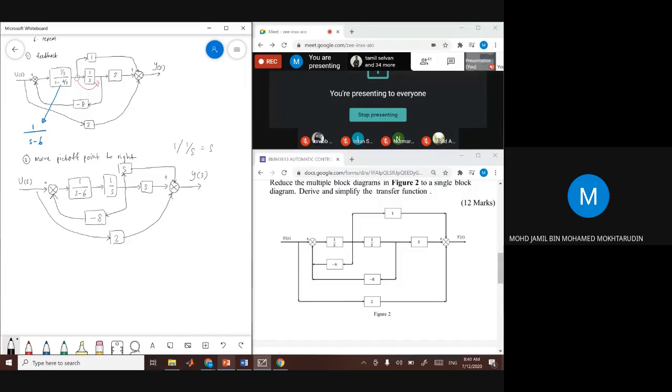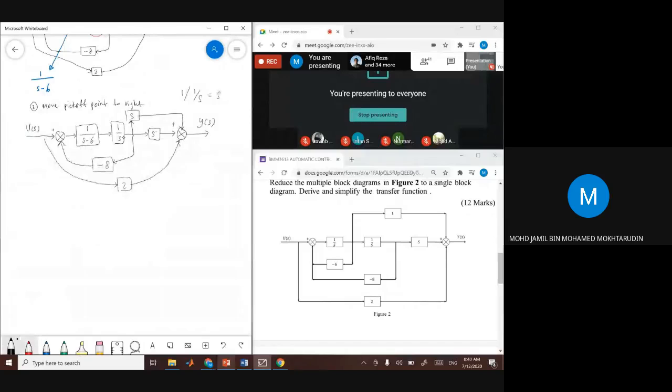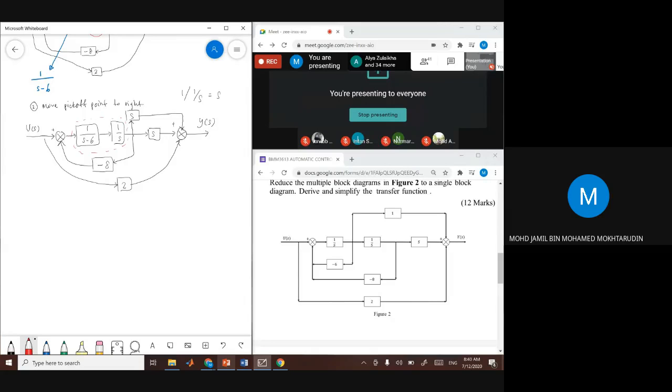Okay, so from here, you can see that these two are cascade. And these two are parallel. And then these are feedback. Okay, so let's simplify.